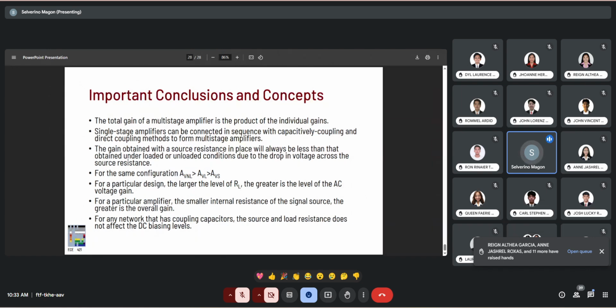So that's the proposed midterm schedule for now. I'll post a separate announcement if this will be finalized. The coverage will include all the topics that we have covered so far.